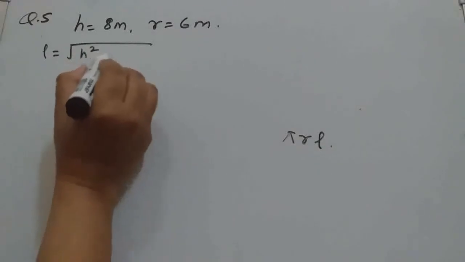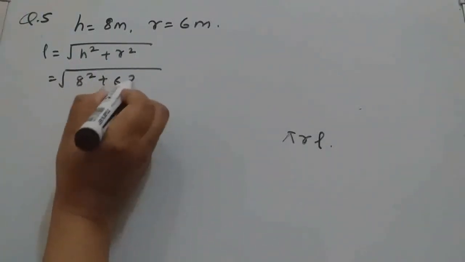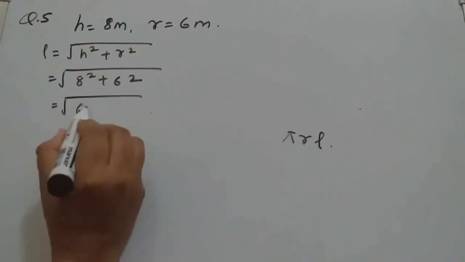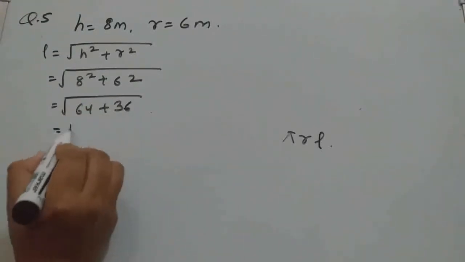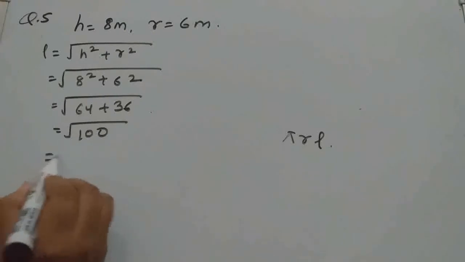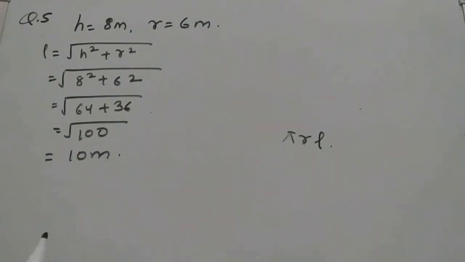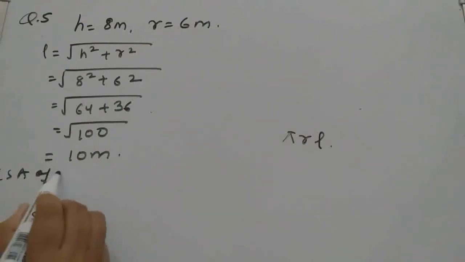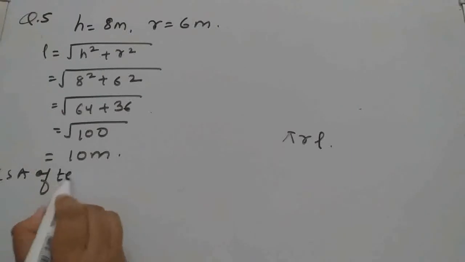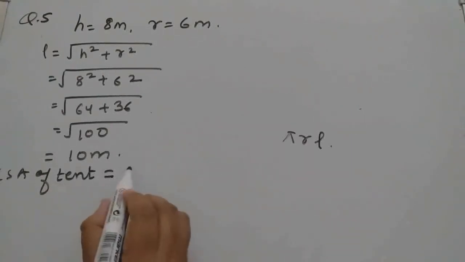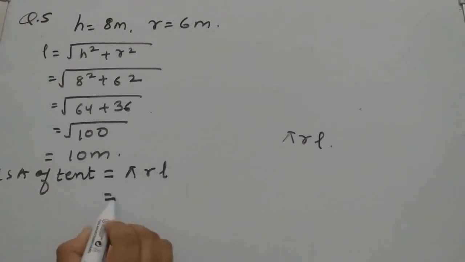So L is the square root of H square plus R square. So 8 square plus 6 square means 64 and 36, which gives 100, so L is 10. This is the slant height. Now the CSA of the conical tent, that is pi r L. Pi is given, use 3.14.